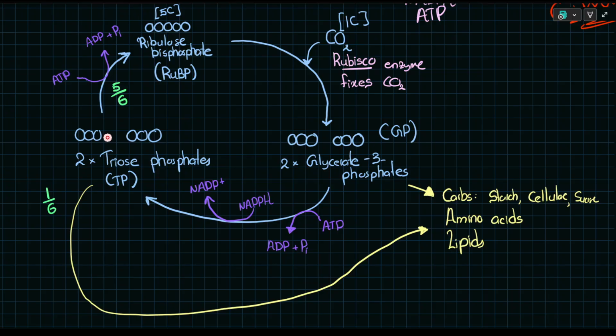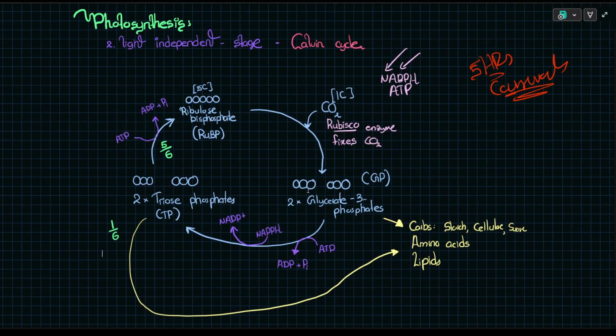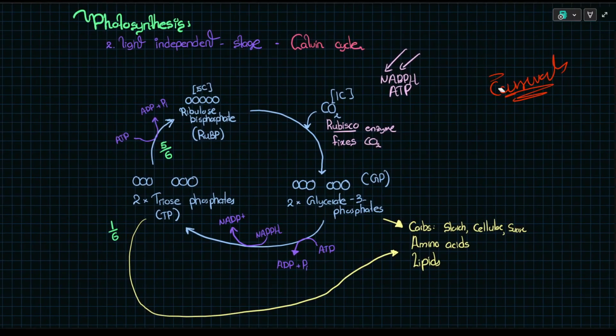Do you get that? So this is 6 carbons now. 5 carbons are used back to produce ribulose bisphosphate. 1 carbon is used to produce carbohydrates, amino acids, lipids, and all of that. If I zoom out and show you the entire process, this will be the entire Calvin cycle with all the A2 level information that you have to know.